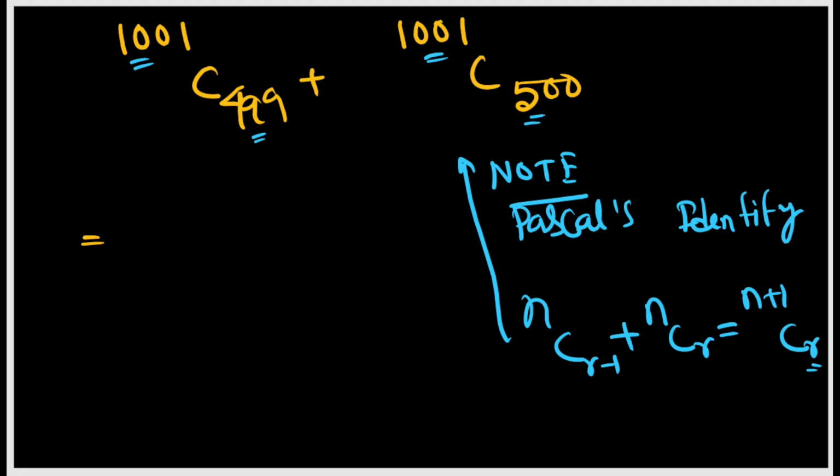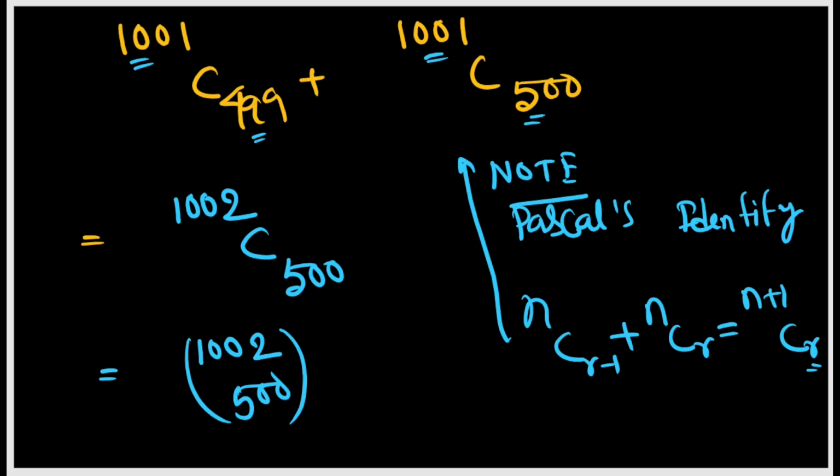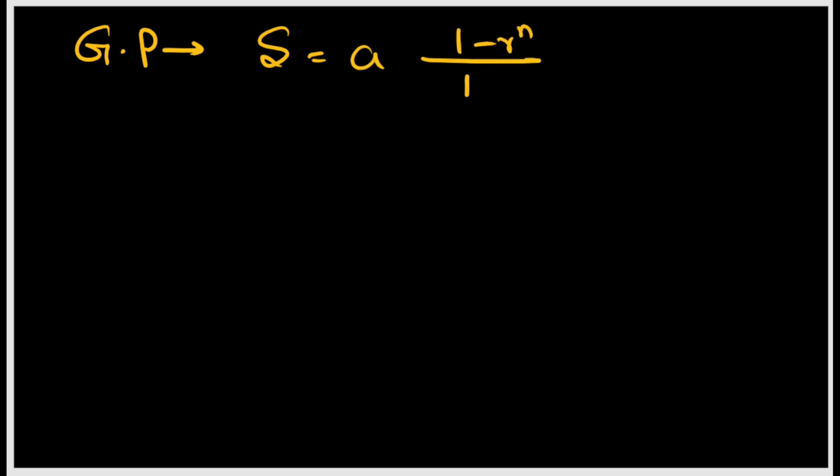This sum will give 1002 C 500. In the overall question, we use the GP series, and the GP series sum is S is equal to a times 1 minus r power n over 1 minus r, because our r is less than 1.